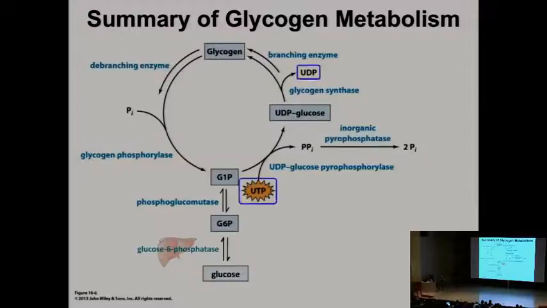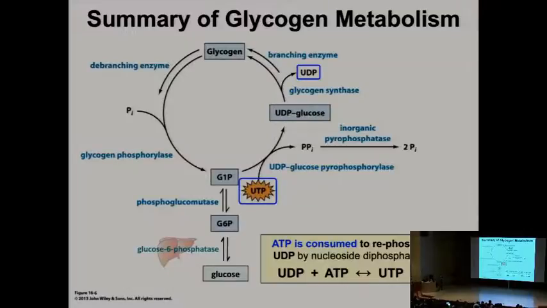I will point out as one last thing that UTP is consumed in this reaction when you're adding glucose 6-phosphate onto a new glycogen. And we have to regenerate that UTP somehow. Thankfully, there's an enzyme that does this.